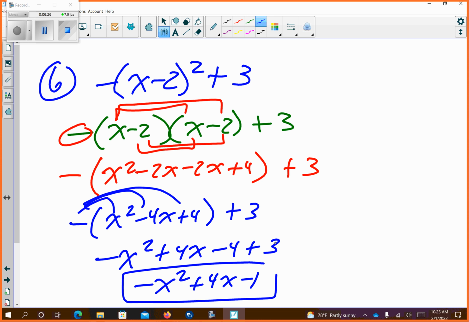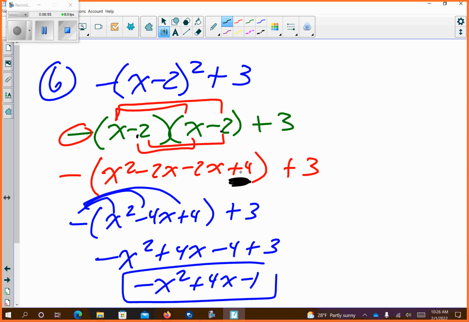So are there any questions on how that first portion was done? We okay with it? Yeah. Why would it be negative 2 plus 4, not negative 4? Am I in the blue? Where am I at? The red parentheses. Let's see. Are you asking about this right here? Yeah. Because negative 2 times negative 2 is a positive 4. Oh.